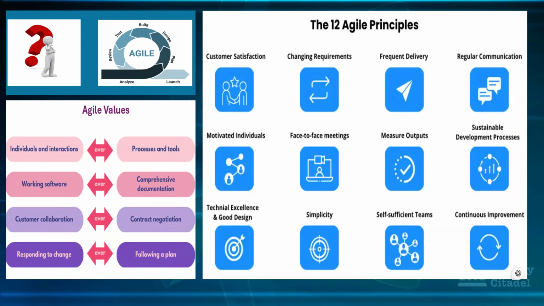The first one says individuals and interaction over processes and tools. And what that means is, while processes and tools are important, the collaboration between the team members is more critical to the project's success. The project succeeds more where there is interaction between the individuals that are involved; you get more value. That is what that is trying to explain.